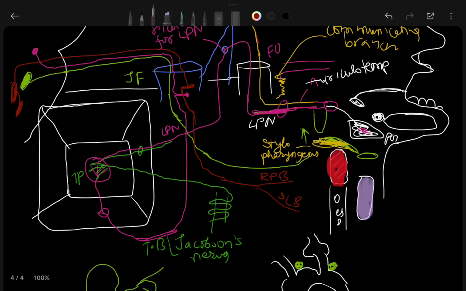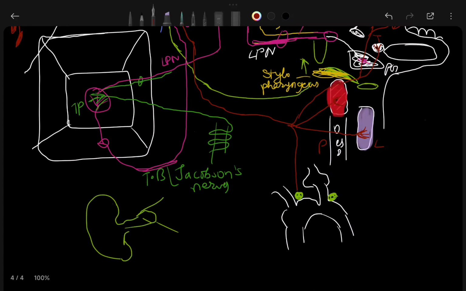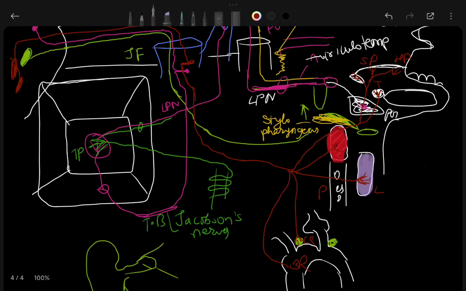This superior laryngeal branch receives general sensation from the muscles of larynx, and these general visceral afferent fibers carry general sensation from huge areas, that is larynx, pharynx, tonsils, soft palate, hard palate, and also from the carotid body, that is a chemoreceptor, and carotid sinus, that is a baroreceptor, and also from the uvula.